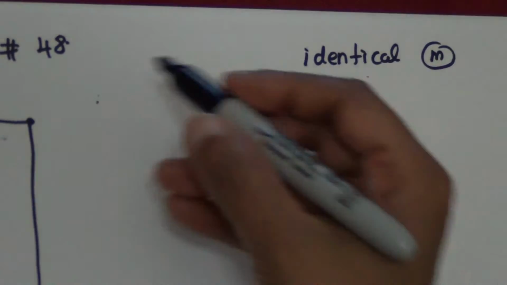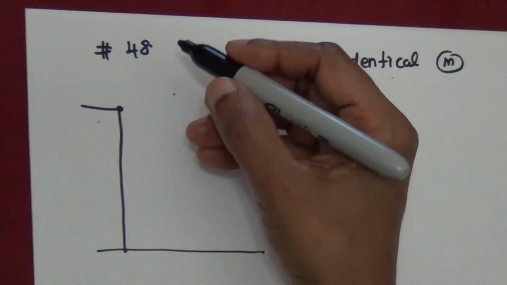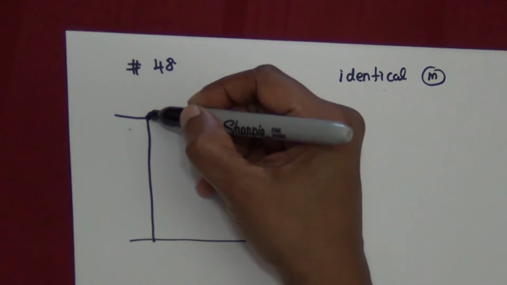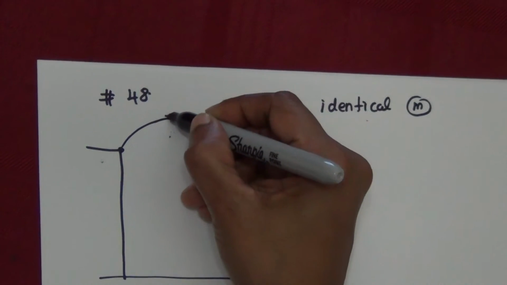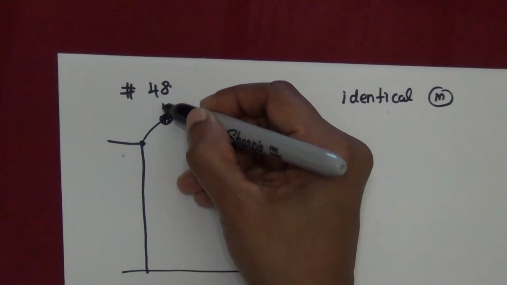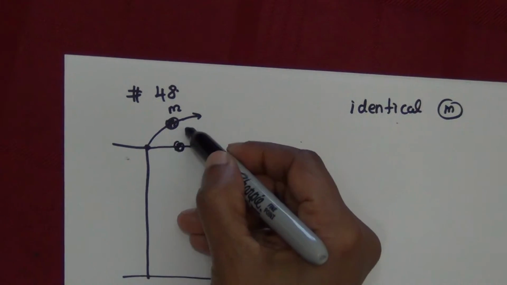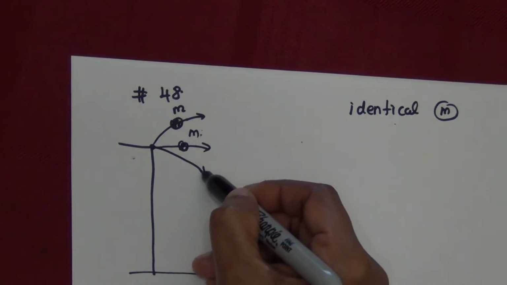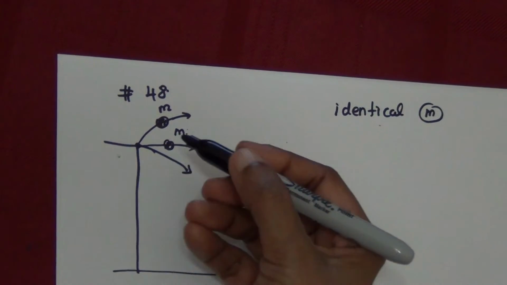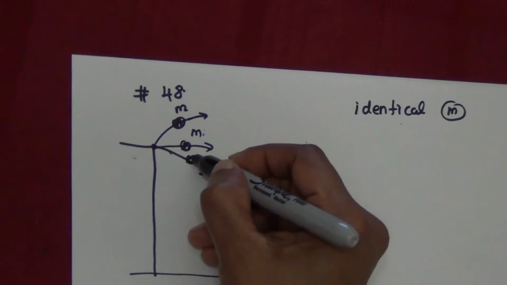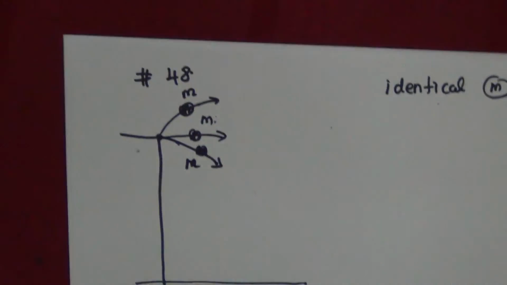But with 3 different angles. The first one will go like this, M. The second one like this, M. The third one, at a different angle to the horizontal, M, right?